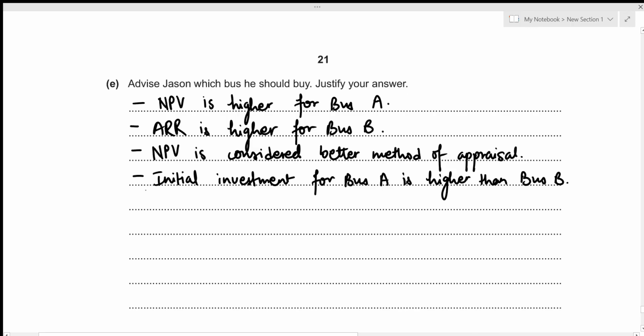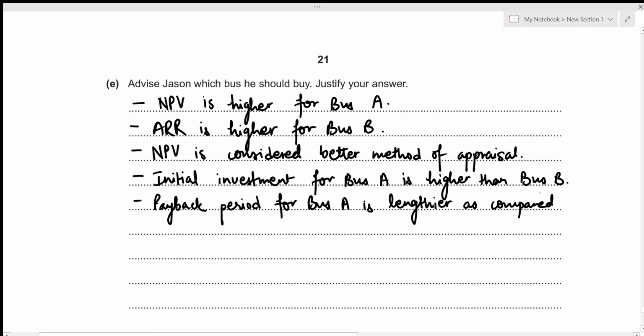So what we can say is that payback period for bus A is lengthier as compared to bus B. So if you consider the 4 factors, NPV, ARR, initial investment, and payback period, what we can see that for NPV, it is in the favor of bus A. For ARR, that's in the favor of bus B.